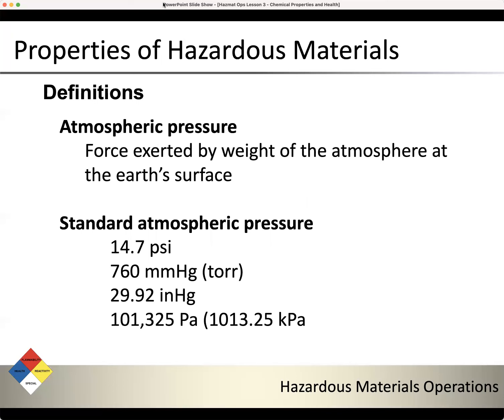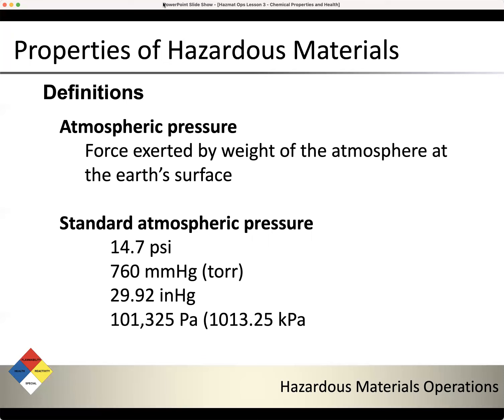So what is atmospheric pressure? It's the force exerted by the weight of the atmosphere at the Earth's surface. Air is made out of matter, therefore it has mass, therefore it has weight. Here are some standard atmospheric pressures. Now these are at sea level, at a specific temperature.